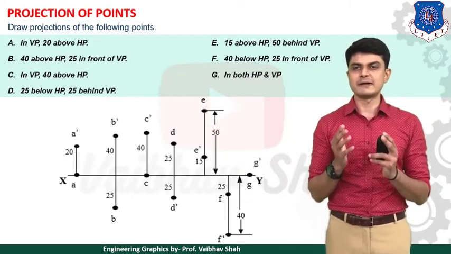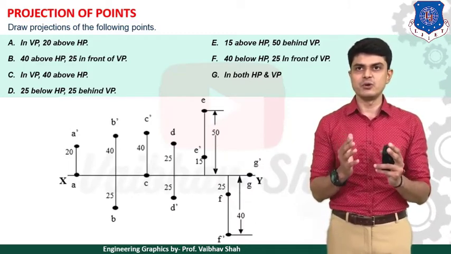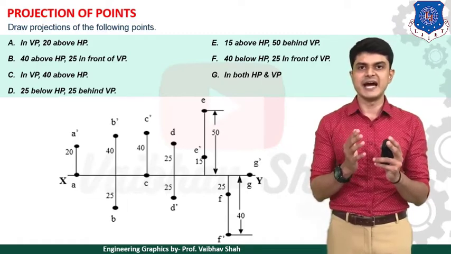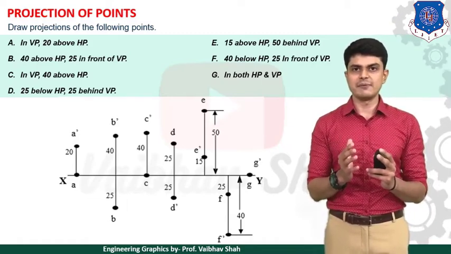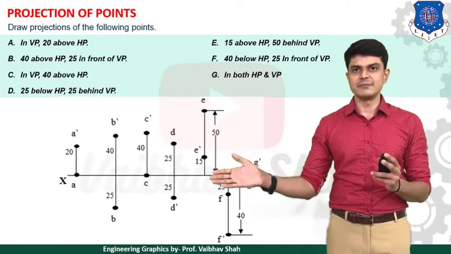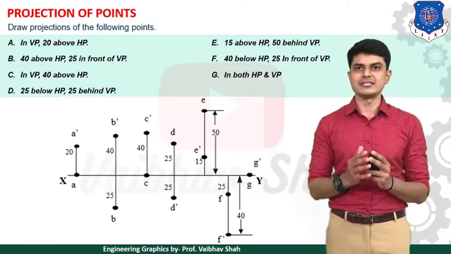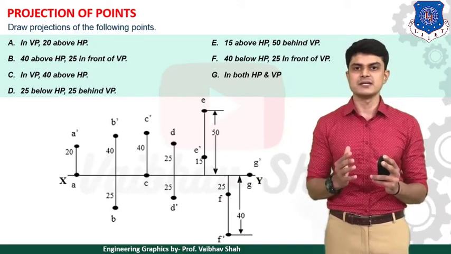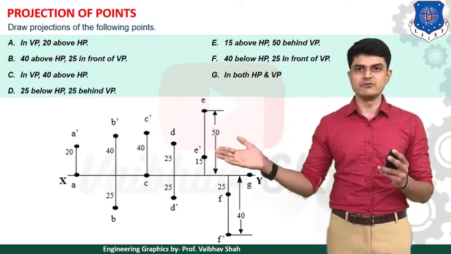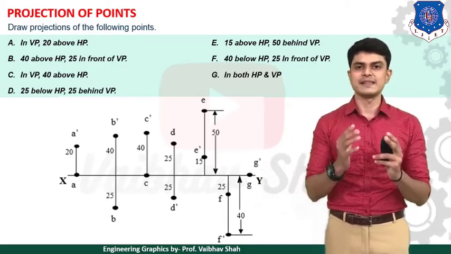Then let us move to example D: 25 mm below HP and 25 mm behind VP. 25 mm below HP means D dash would be 25 mm below the XY line, and the point is 25 mm behind VP, which means above the XY line. So your point D would be 25 mm above the XY line.